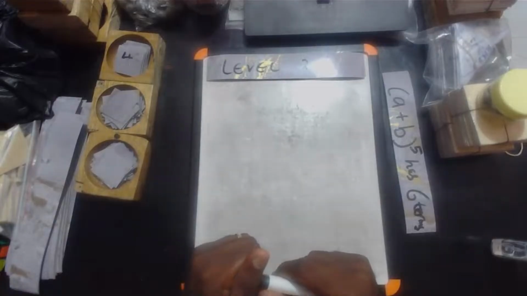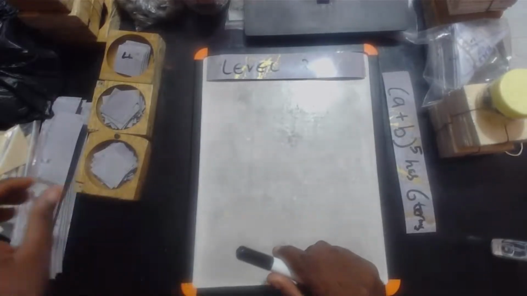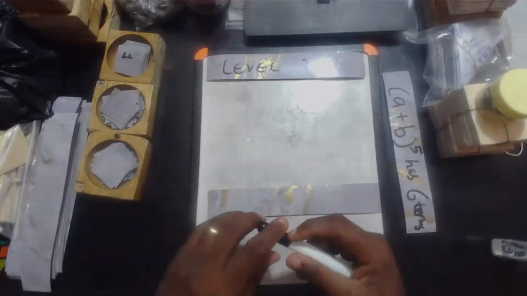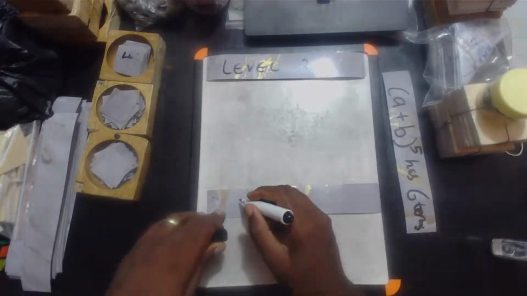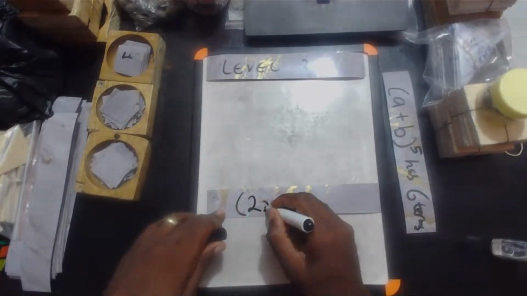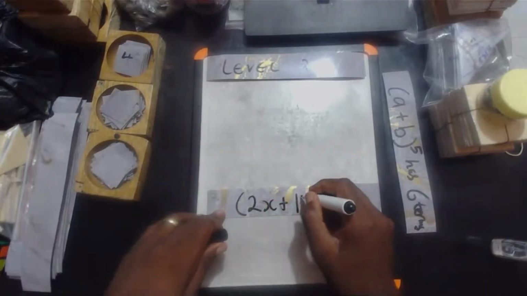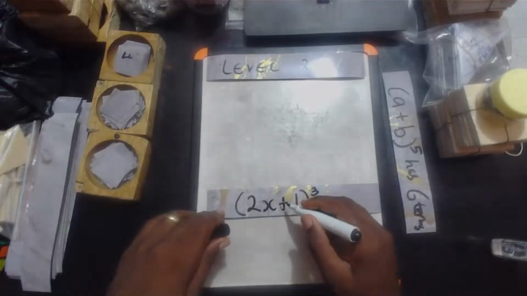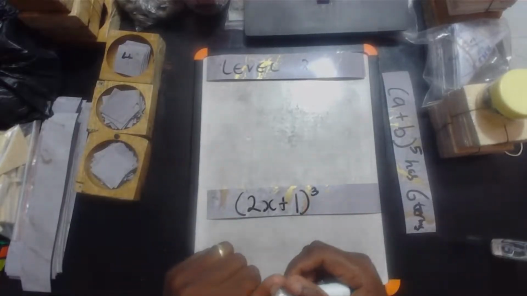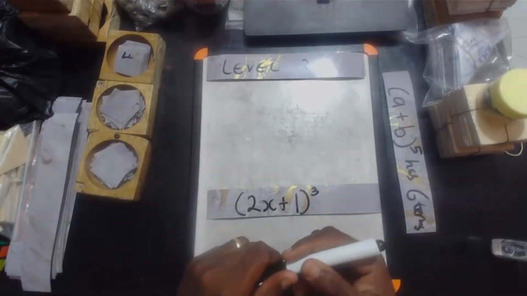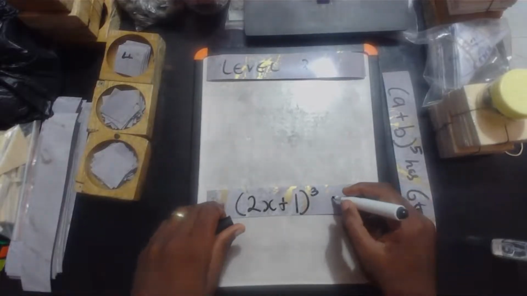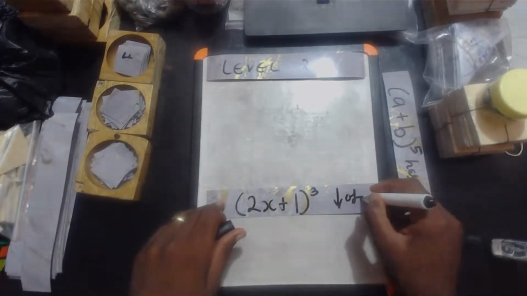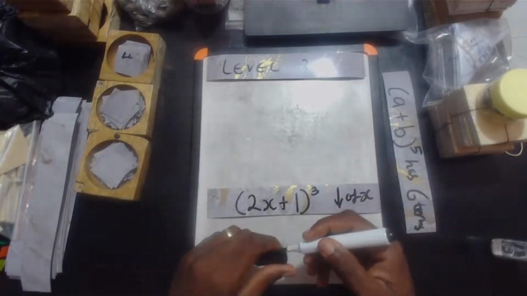With DOK level 2, we are supposed to use Pascal's triangle to expand (2x + 1) to the power 3 in descending powers of x.